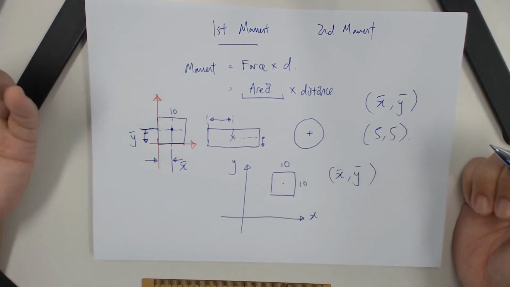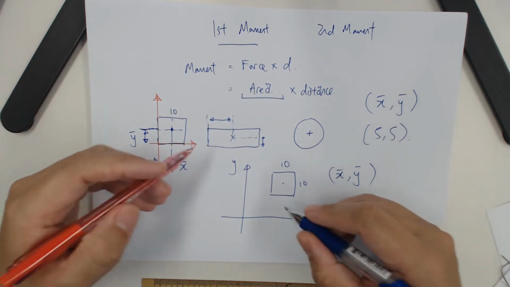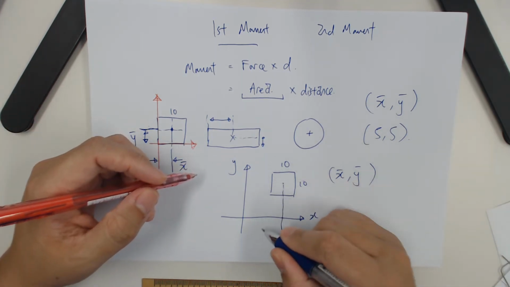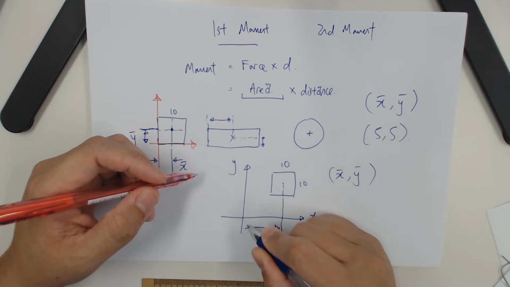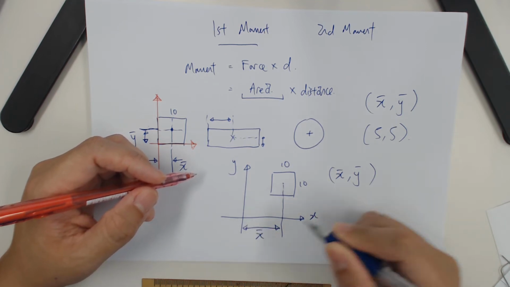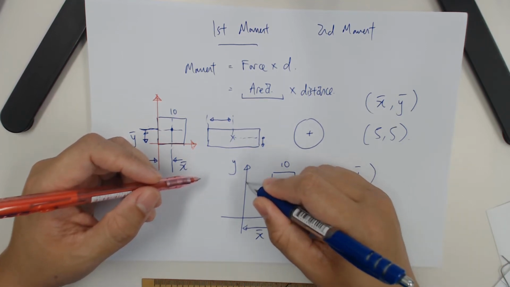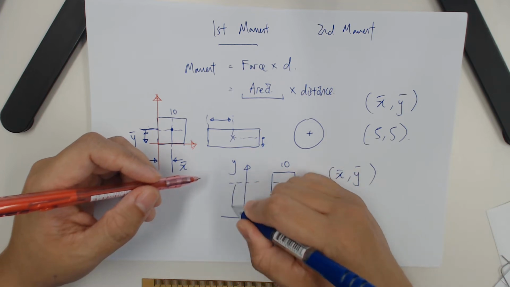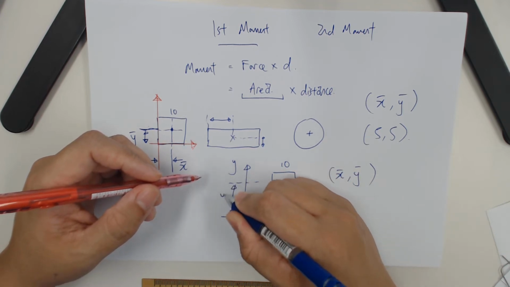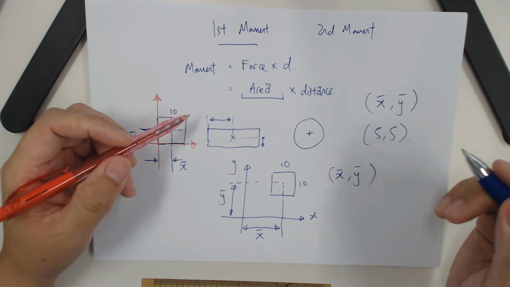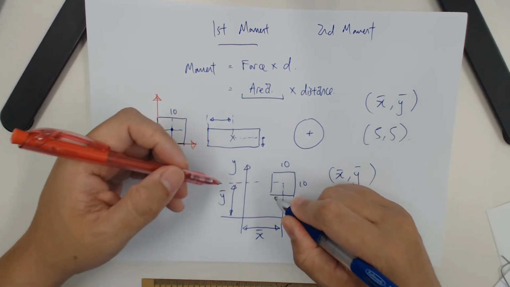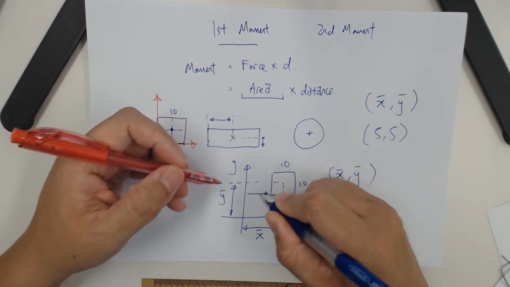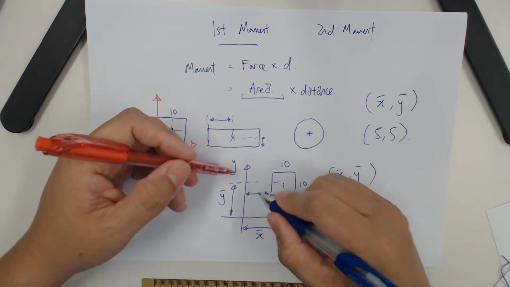It wouldn't be 5, 5 anymore. It would be this distance, this would be your x bar, and this would be your y bar. So it is actually 5 plus a certain distance away from the y-axis.